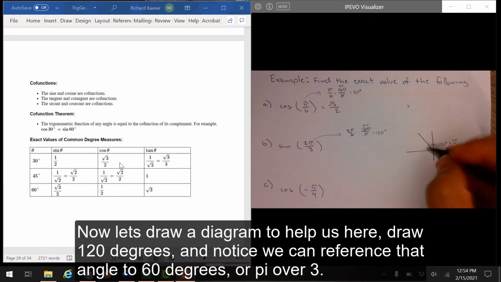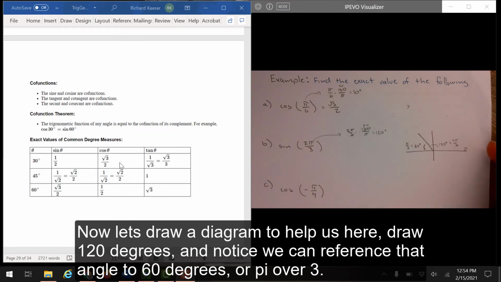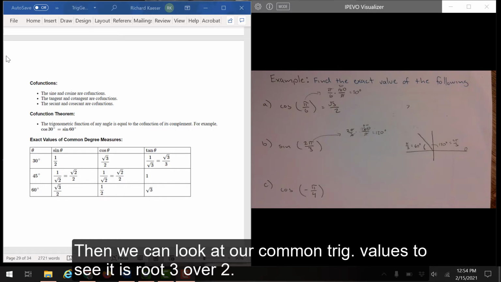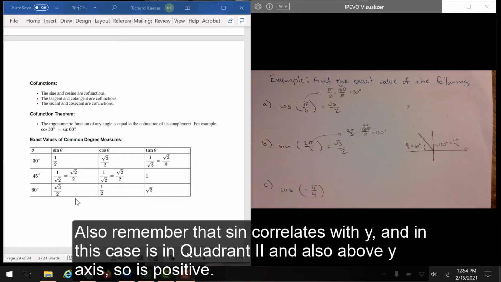Draw 120 degrees, and notice we can reference that to angle 60 degrees, or pi over 3. Then we can look at our common trig values to see it is root 3 over 2. Also remember that sine correlates with y, and in this case is in quadrant 2 and also above the y-axis, so it is positive.